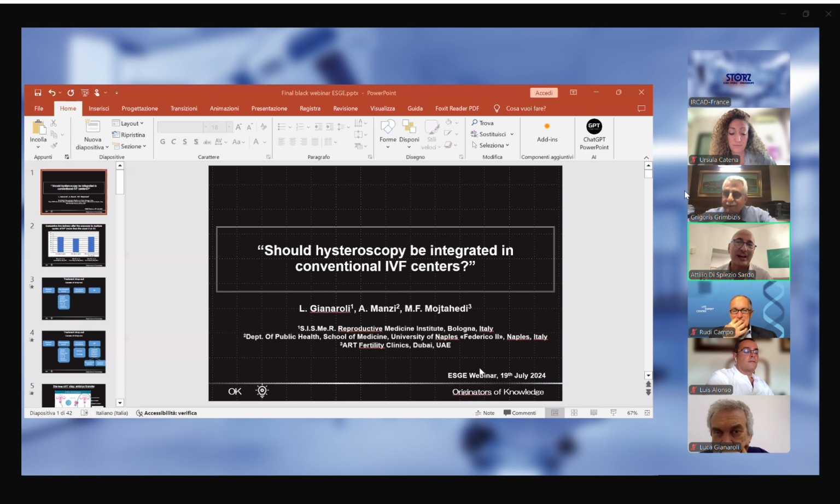Since I was a child, in this world, I thought about Rudy and Luca Gianarolli. I think that he is one of the most brilliant minds that we have in our gynecological community. And in the last 6 months, I have the honor to consider him and to be considered by him as a friend more than a colleague, and I'm very proud of that.